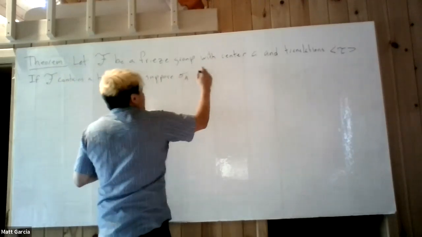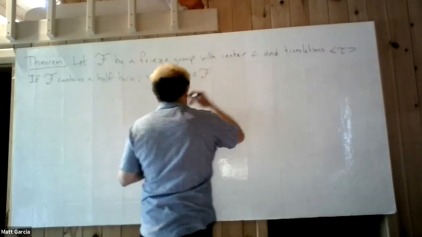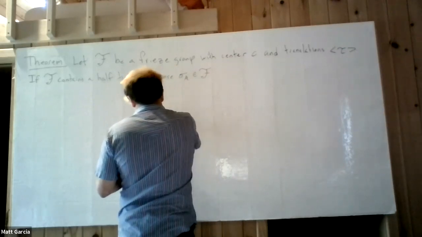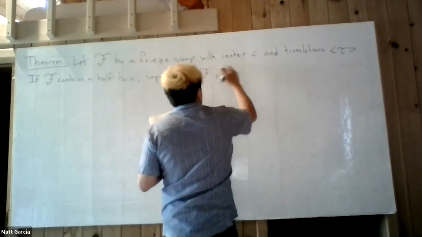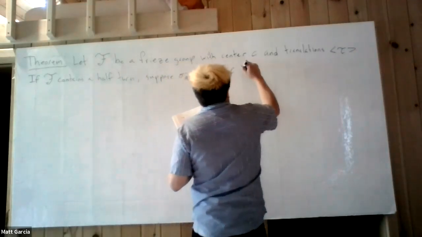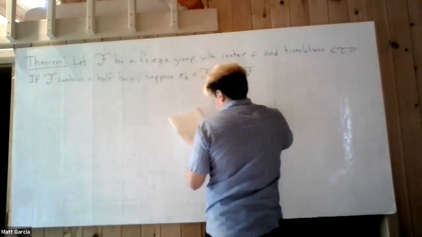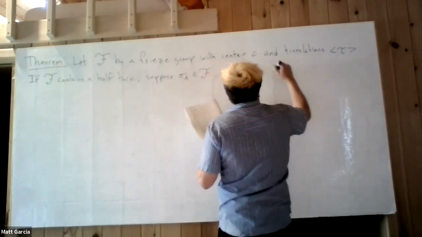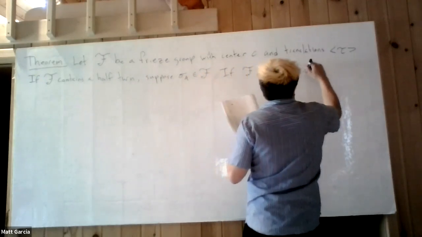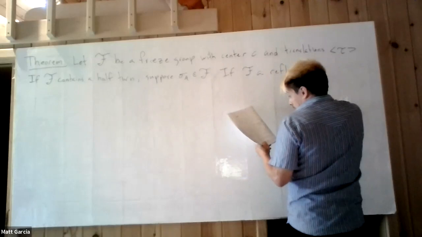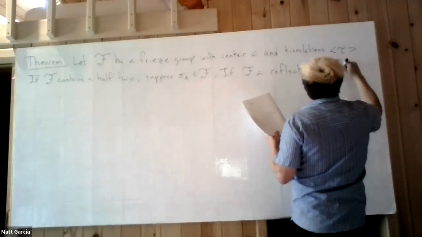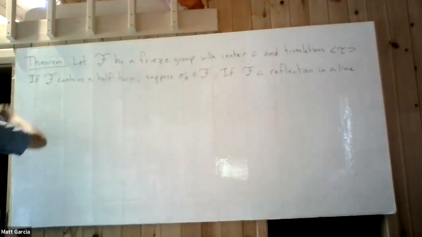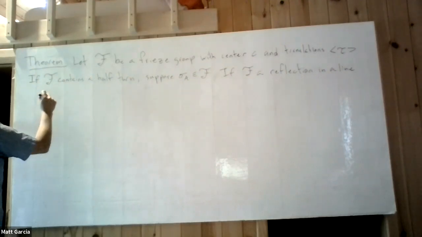Suppose sigma A is in F. And if F contains a reflection in a line perpendicular to C, center.